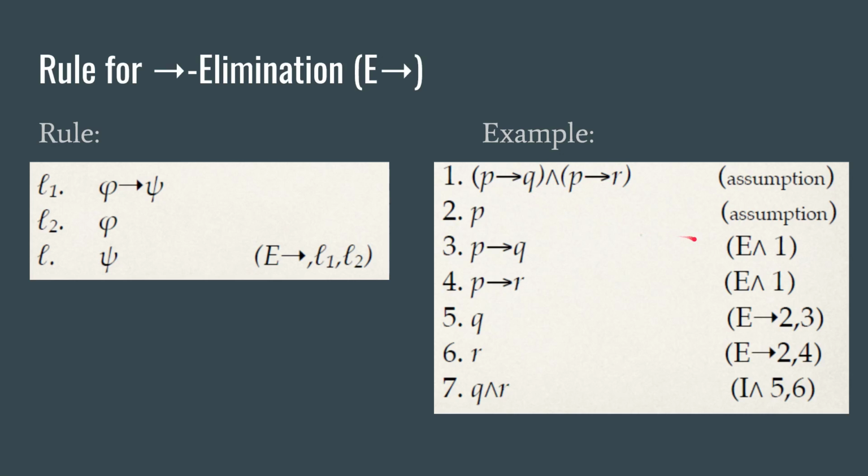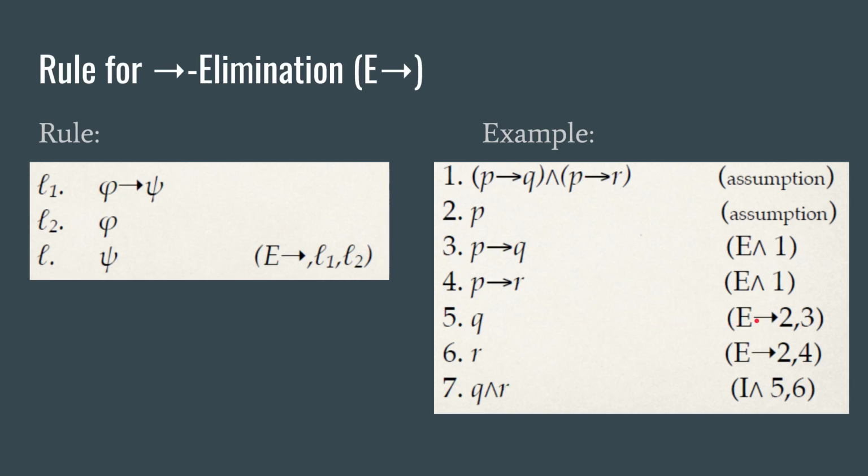So we use the conjunction elimination on line 1 to get P arrows Q, and similarly we use conjunction elimination to get P arrows R. Now that we have P and then we have these 2 arrow statements, we can use our arrow elimination rule to unlock Q as we've done on line 5.